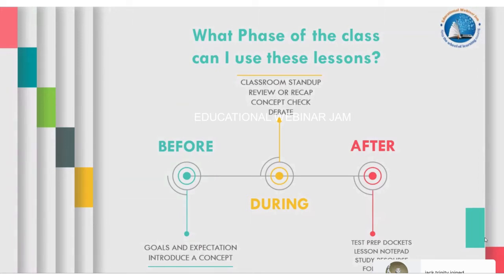So goals and expectations for the next class is something very interesting. You can use these quizzes before you even introduce a new concept. You will have enough information to know how to build on their prior knowledge.